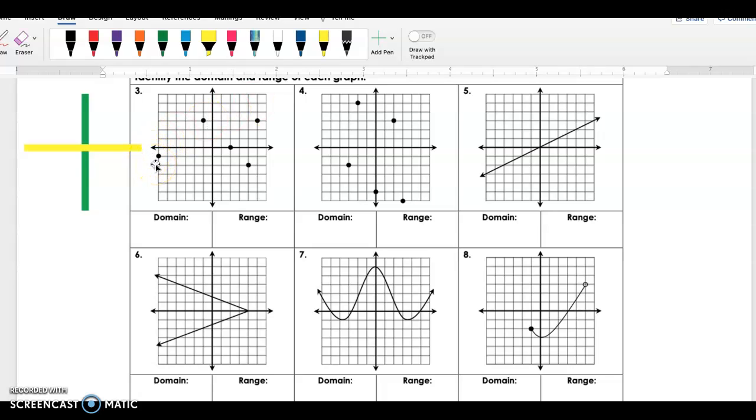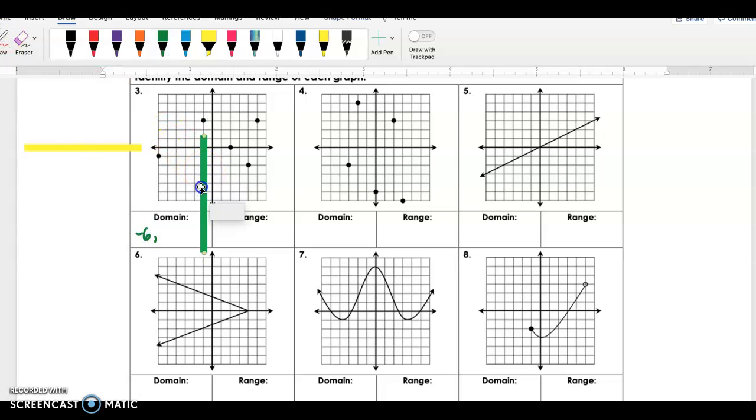as set notation, meaning as we take this, we just want to mark down what values of x these dots are at. So here's 1. That should be -6. Hold on, let's count. -1, -2, -3, -4, -5, -6. So that's at -6. Let me write that down real quick. So I'll show you how to finish it up, but I'm going to write -6 for one of the x values.